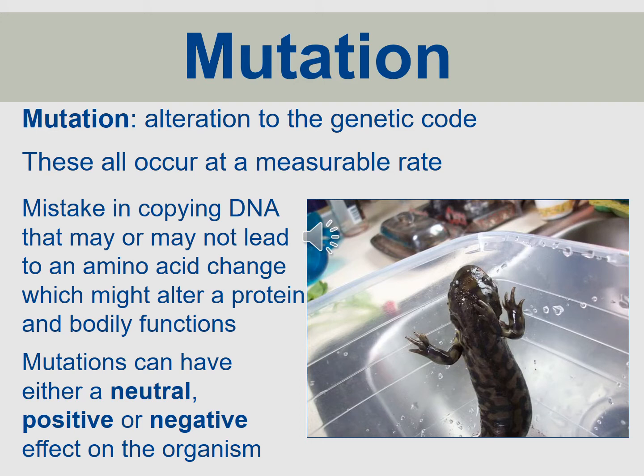But if you look at a mutation, an error in copying or a mistake, we interpret it as either neutral, positive, or negative. We assume that most mutations that occur in organisms are neutral or mostly neutral. That is a number of different traits that don't necessarily affect the organism. You could probably think of a number of different traits that we have that are neutral, like eye color and hair color.